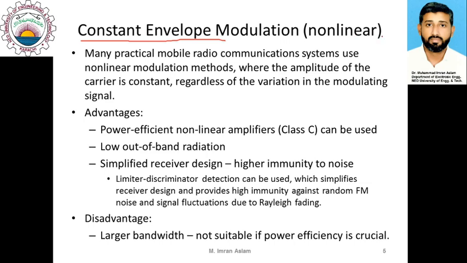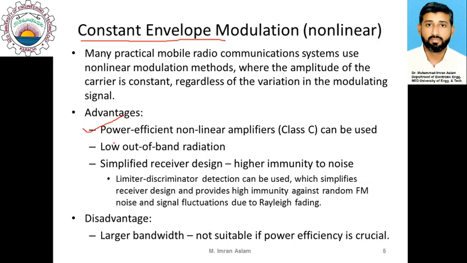There are certain advantages related to these constant envelope modulation schemes. First of all, these are non-linear schemes, so we can use non-linear amplifiers for power amplification purposes, and these non-linear amplifiers are very power efficient, and they provide good power efficiency to the system.